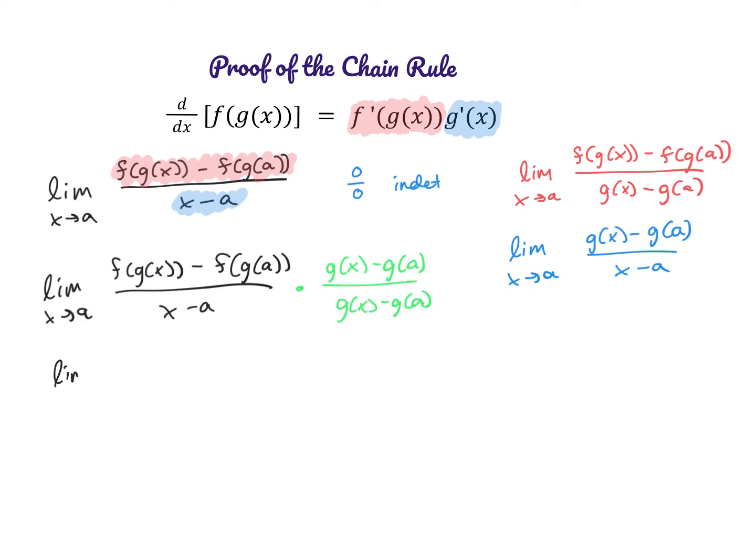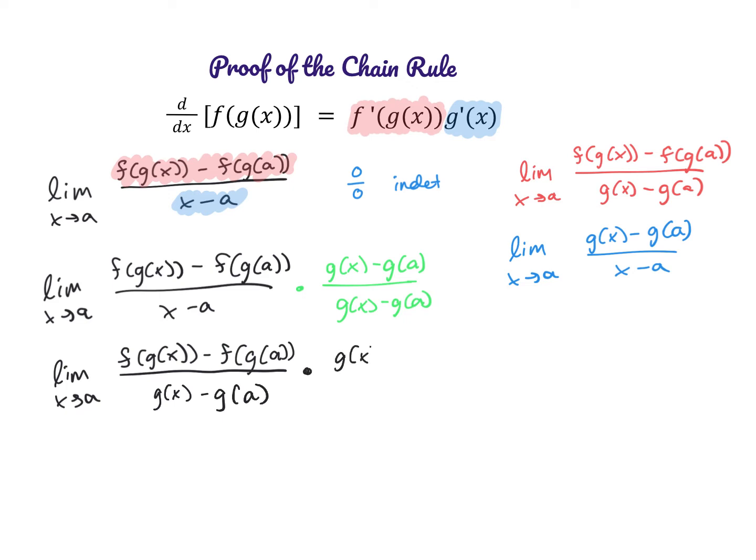And now I'll rearrange where we write things just for convenience. I'm going to move this f of g of x minus f of g of a over to this side with g of x minus g of a, and it's a product, so I can move it wherever I want. And then g of x minus g of a is going to stay on the top, and then here we have x minus a.